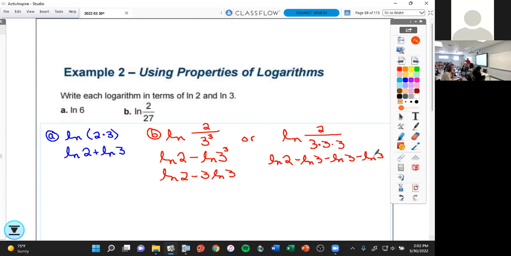I had minus natural log of X minus natural log of Y minus natural log of Z. Same concept. There's 3 of those, right? So that's the same thing as natural log of 2 minus 3 natural log of 3. Which way is better? Doesn't matter. Whichever one you understand the best.